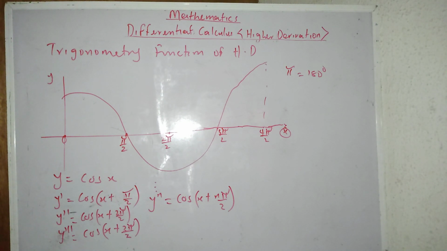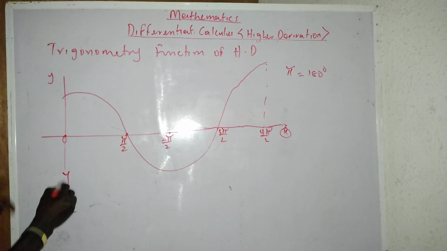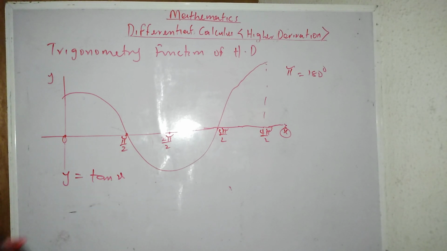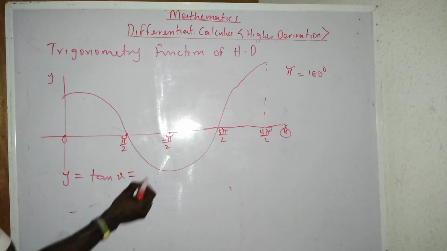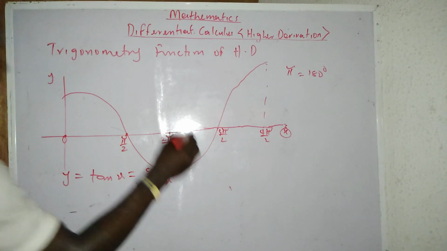Now, if I want to do the same thing for tan, for instance, if I have my y equals tan x, I can write my tan x as what? Sine x all over cos x.